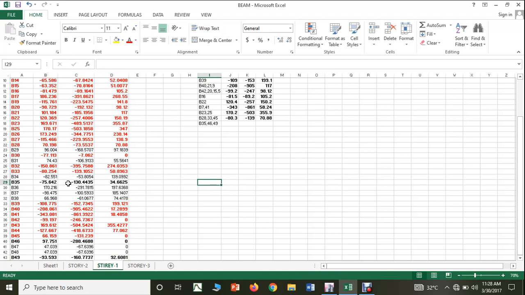So 75, 130, 34. So 97, 1 to 28. Definitely I am supposed to choose these two. So out of these two, the highest value of the positive moment will be this, 92 will be the highest one. So I'll be choosing 92. Okay, so therefore this one.